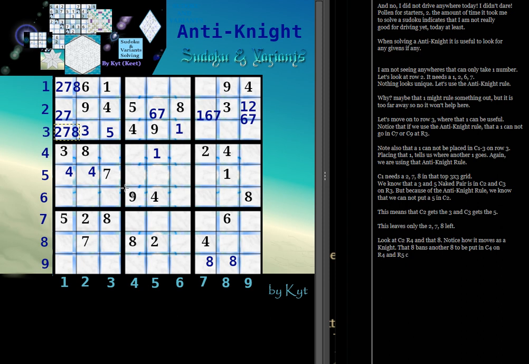Row 5, column 4. Also, this other 8 in column 6 bans another 8 from being put in column 6. This leaves only column 5 for the 8.